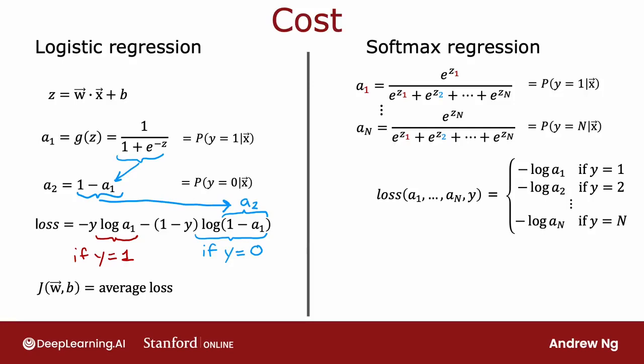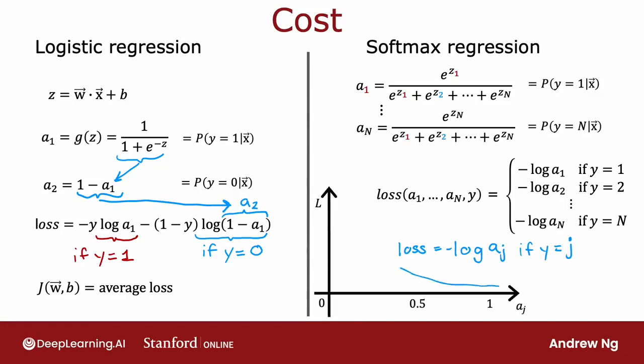So the loss is the negative log of the probability it thought y was equal to 2. And so on, all the way down to if y is equal to n, then the loss is negative log of an. To illustrate, if y is equal to j, then the loss is negative log of aj.